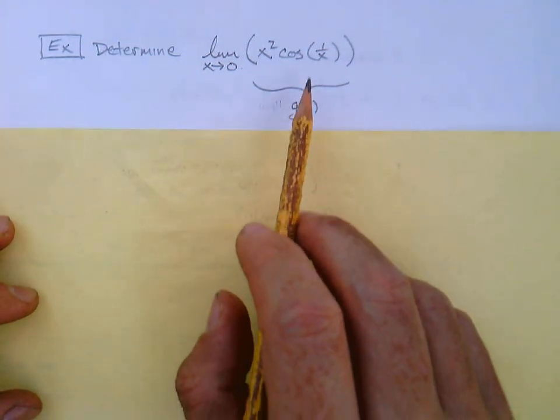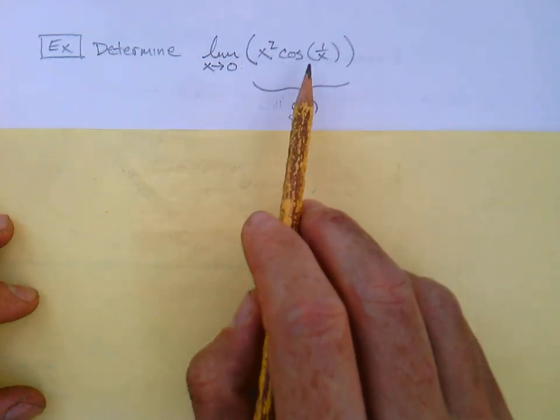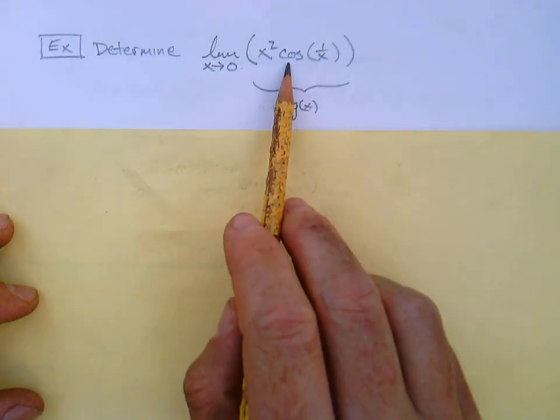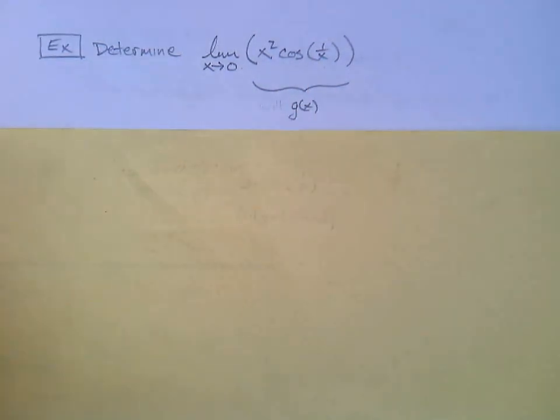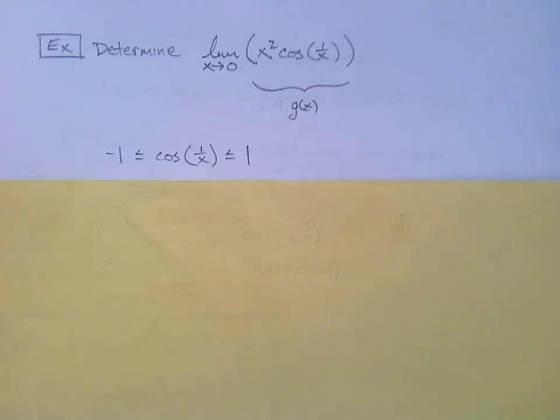You notice that g has cosine. Okay, so let's begin with that. Cosine of 1 over x. Would you agree with this statement right here? From your understanding of trig, would you agree with that?